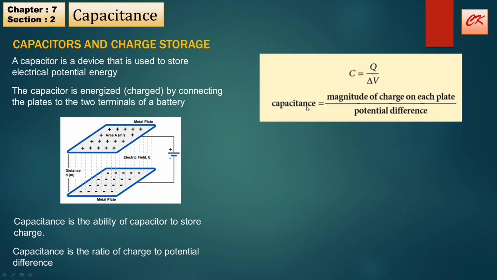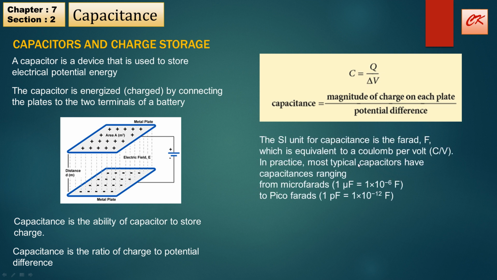So as you see here, capacitance is the ratio of charge accumulated on the plate divided by the potential difference. The international system unit of capacitance is the farad, which is equal to coulomb per volt.